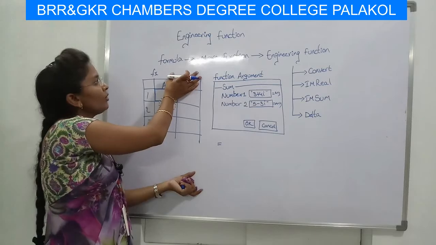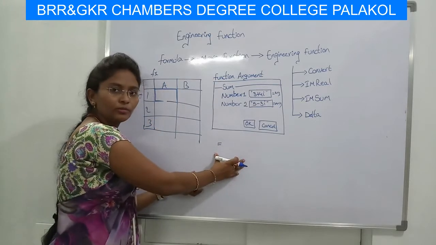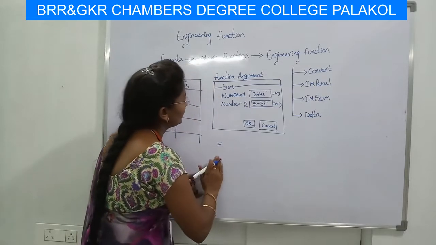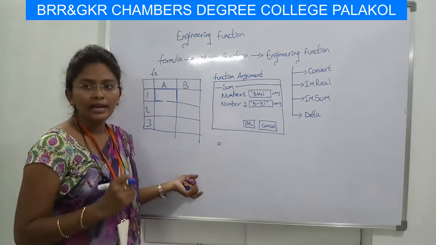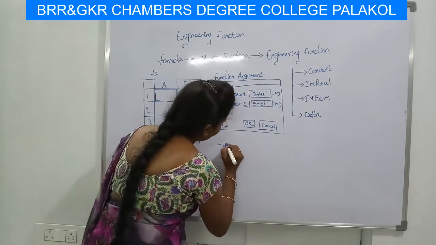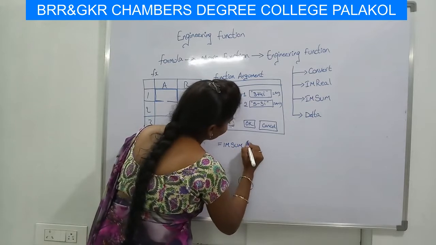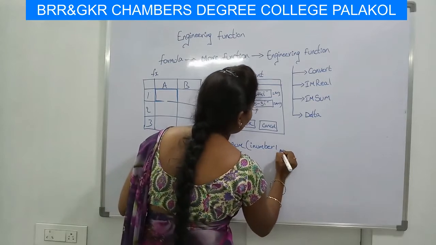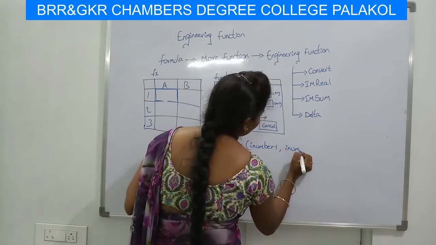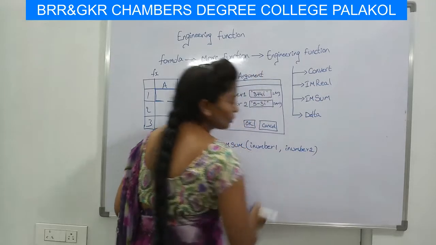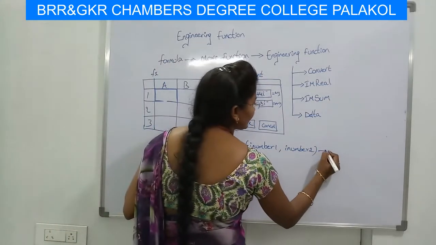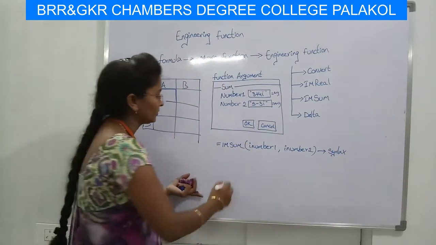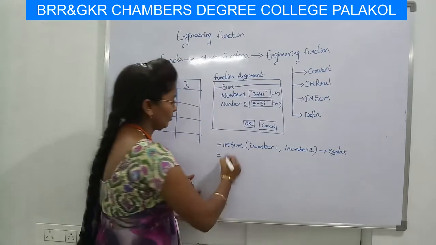Here I didn't have space, that's why I am entering the formula in the downward section. The third formula is the IM sum function. The syntax for the IM sum function is IMSUM, inumber1, comma, inumber2, closing bracket. Here I am writing an example.